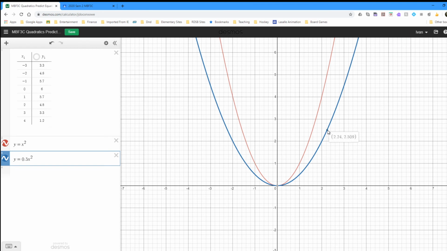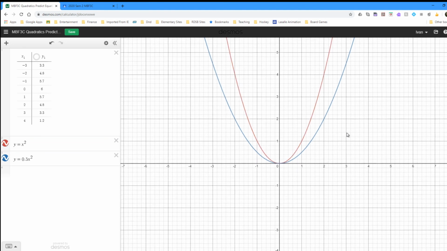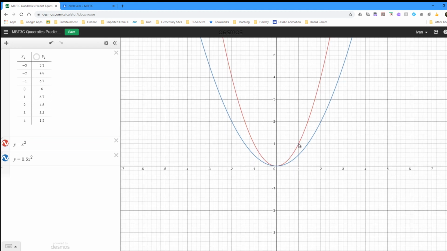The blue parabola, this one here, is wider than this one. Now, why is that? Well, I want you to look at this coordinate right here and this coordinate right here. Now, I don't know why they're not showing up. Usually they stick there.